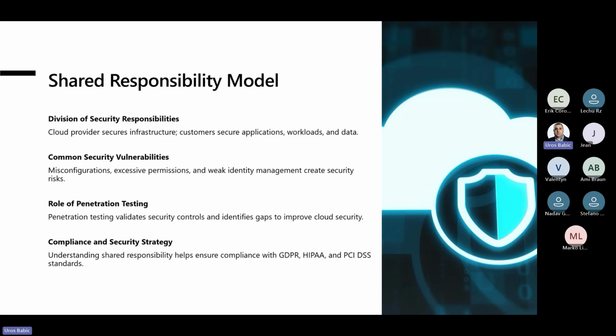The responsibility varies depending on software as a service, platform as a service, infrastructure as a service, or on-premise data center.